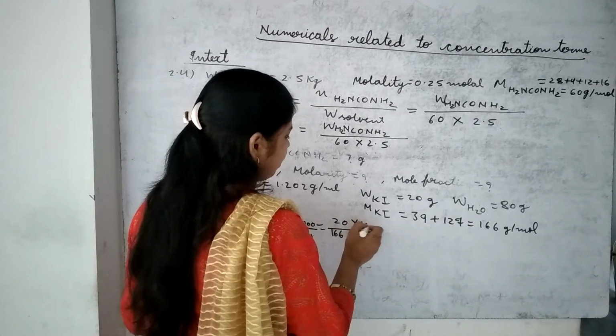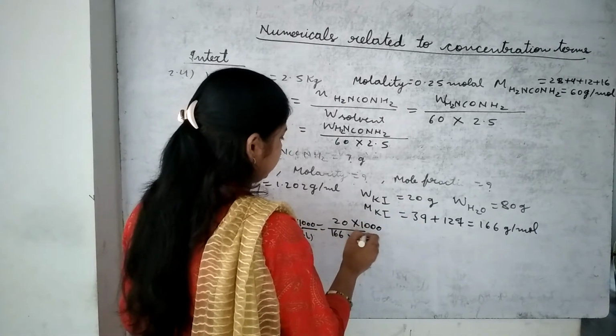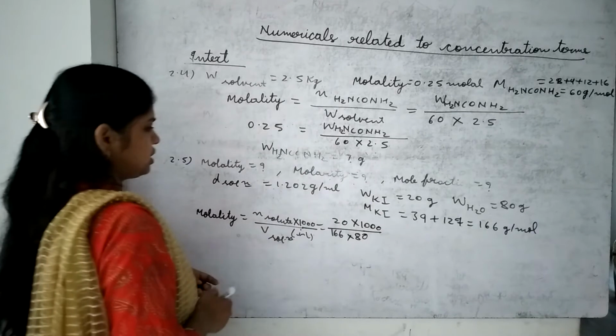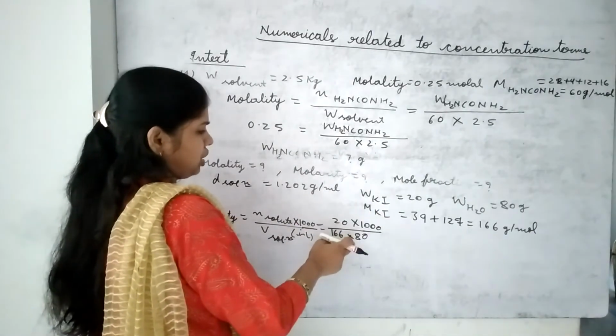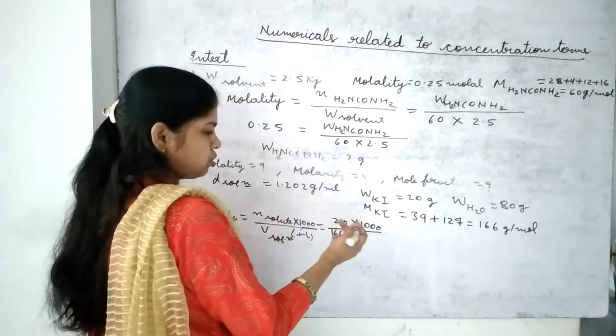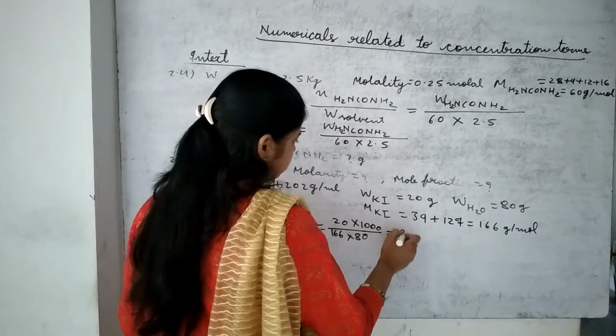So into 1000, and the mass of solvent is 80 gram. Now it's very easy to find. First we'll cancel 0, then 8 twos are 4, this is also cancelled out, and afterwards we'll find the answer.